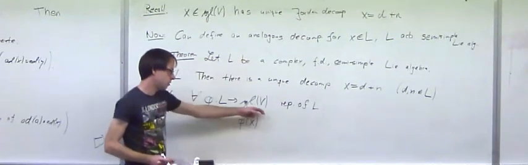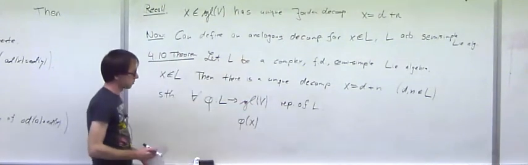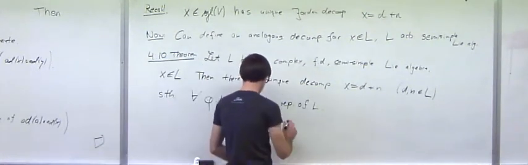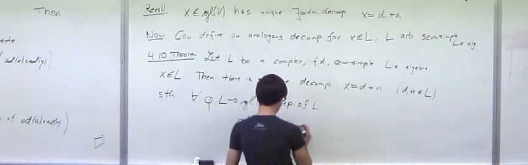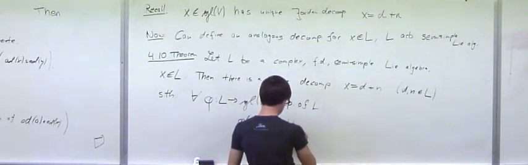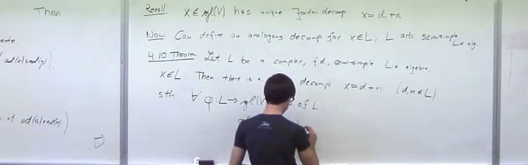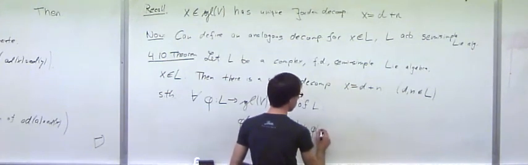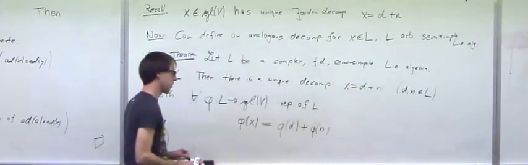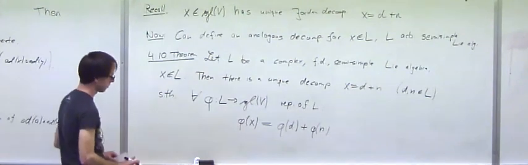So this is just a linear operator now on this vector space. And I claim I get the Jordan decomposition of this matrix just by phi of d plus phi of n.